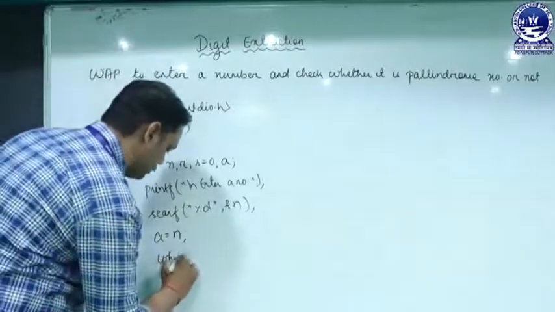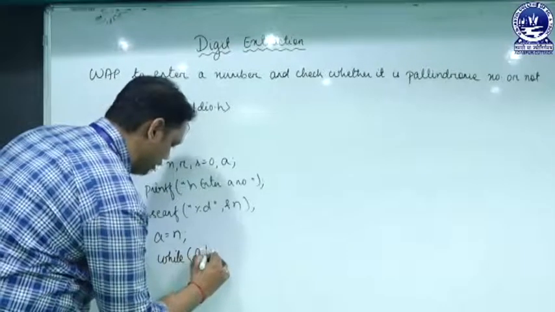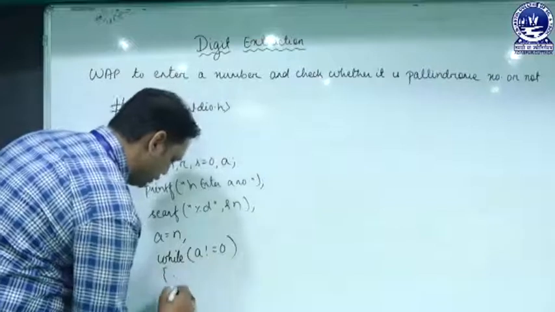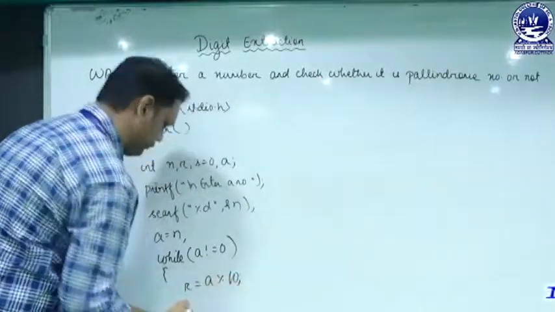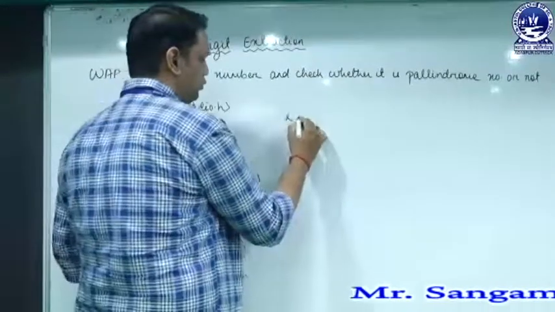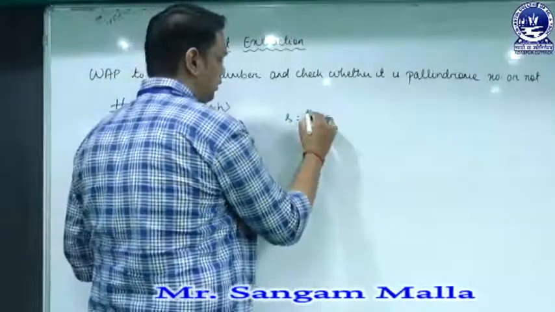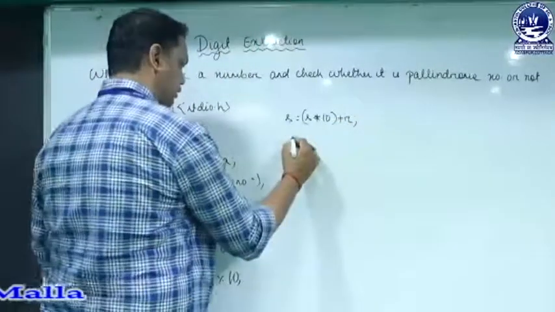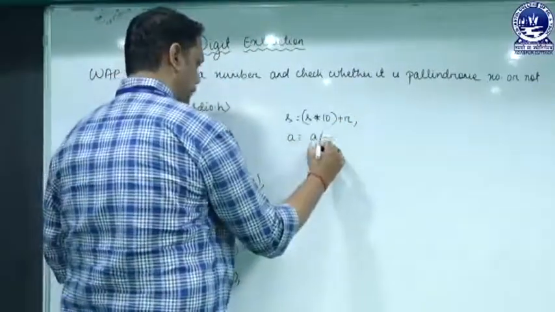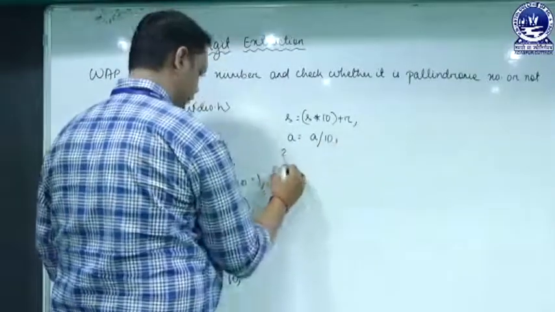Now I will check the number while a not equal to 0. So r equal to a modulo 10. Now s equal to s into 10 plus r. Next a equal to a by 10.